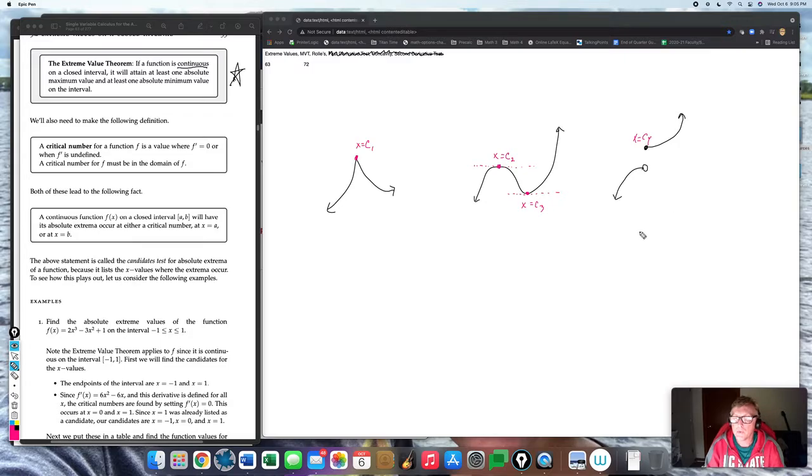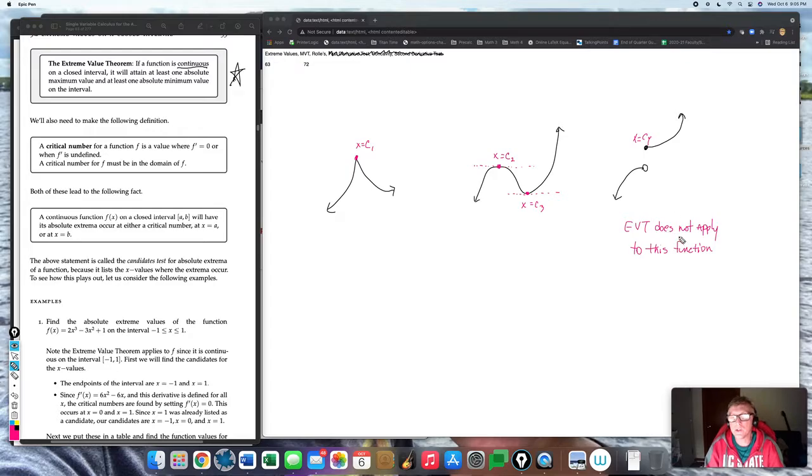So for this one, the extreme value theorem does not apply to this function, even though there's a critical number there. The critical number is the x coordinate of the critical point, I suppose.